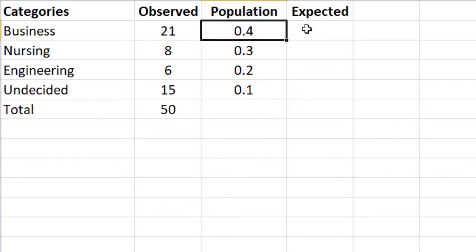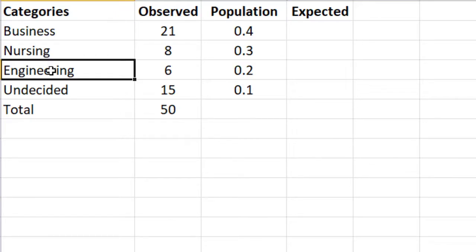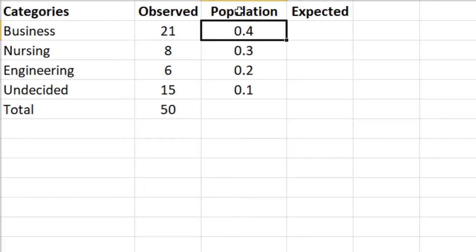Throughout our problem, the population of students who take a certain math course was divided into the four categories here: being a business major, being a nursing major, being an engineering major, and being undecided.